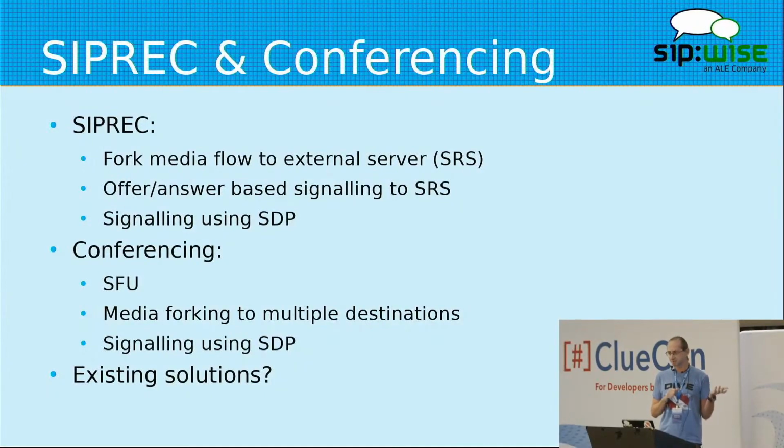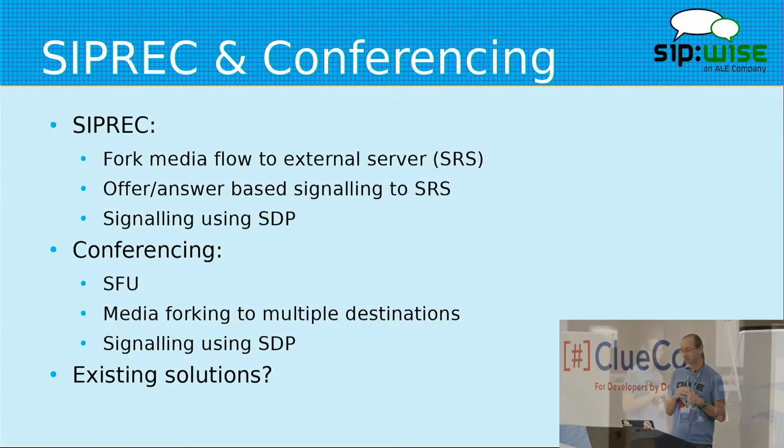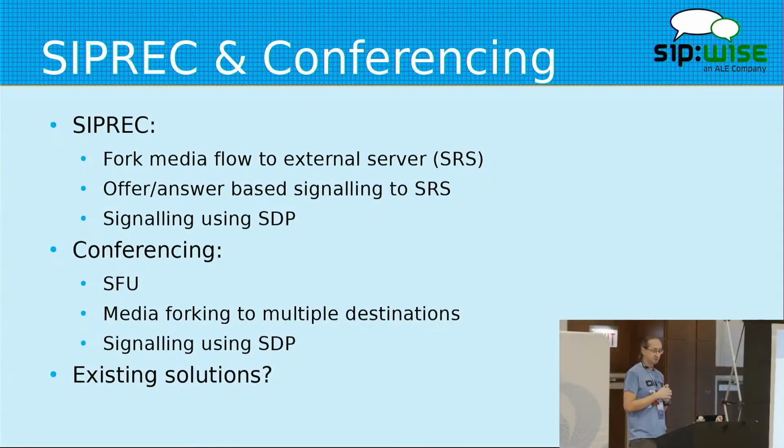As for existing solutions, for Siprec, there isn't really a choice because it's RTPengine handling the media, so it needs to be RTPengine doing the media forking. For conferencing, there's a number of SFU solutions out there. Janus, for example, that's one of the many things that it does. We actually used to use it.